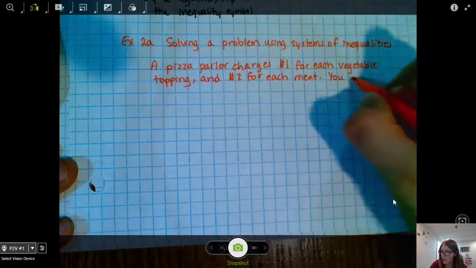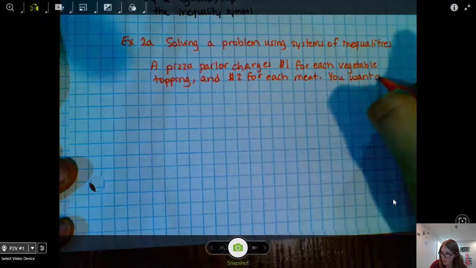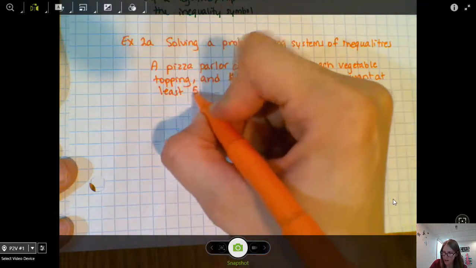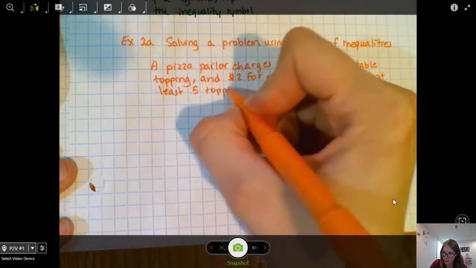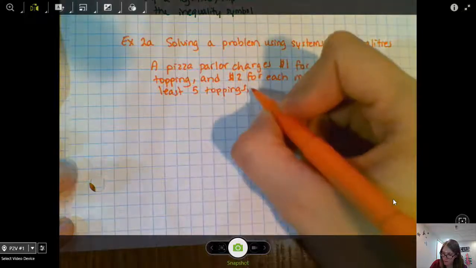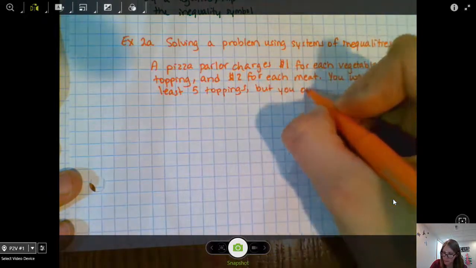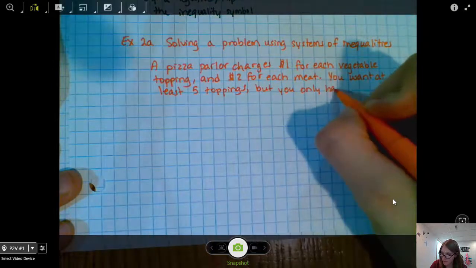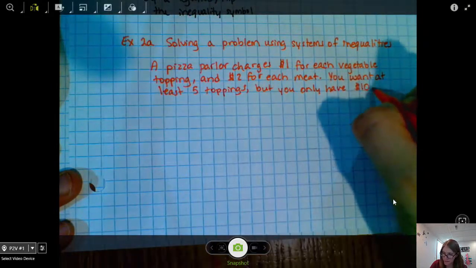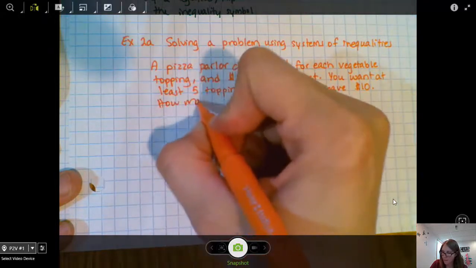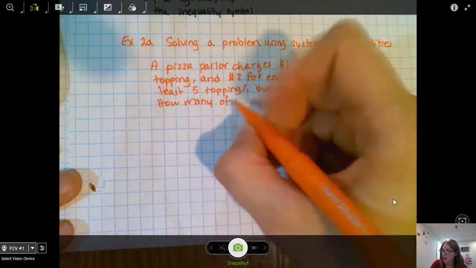You want to have at least 5 toppings. You like a lot of things on your pizza. But you only have $10. How many of each topping can you get?